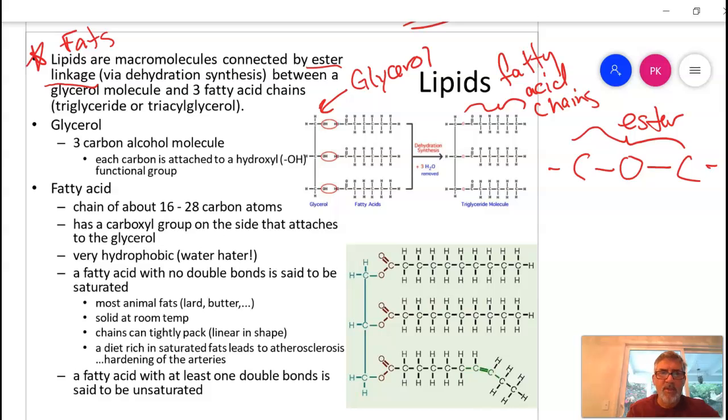So we're not tied to that 2 hydrogens to 1 carbon and 1 oxygen. We have a glycerol here, and we have a bunch of fatty acids. You'll notice that it's the same mechanism. These are all formed by dehydration synthesis.